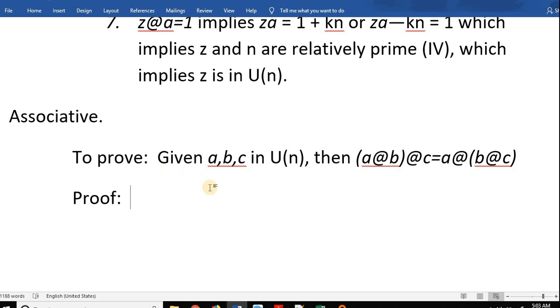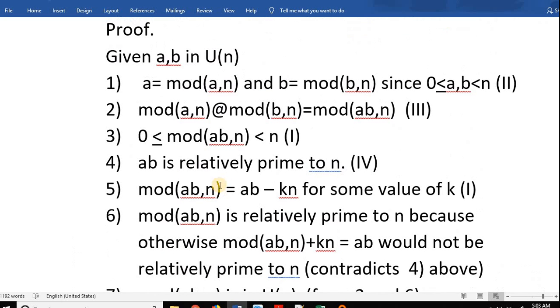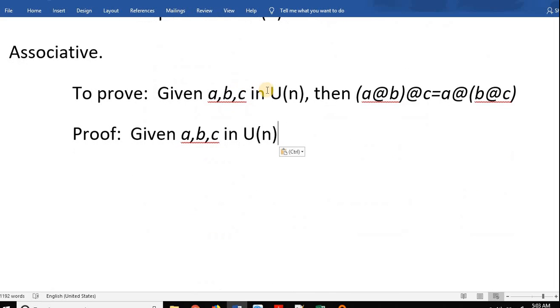Okay. So here we have, just repeat this, given a, b, c in U of n. And we're going to use this same structure that we've used here. In order to get a at b at c, we'll use this fact that, well, let's just go at it.